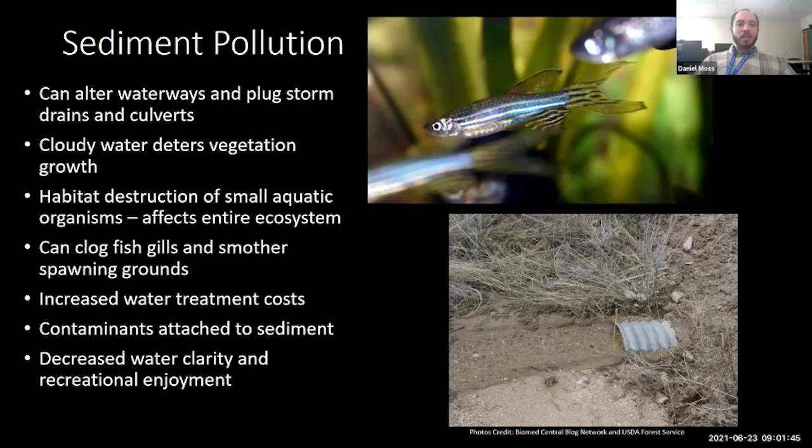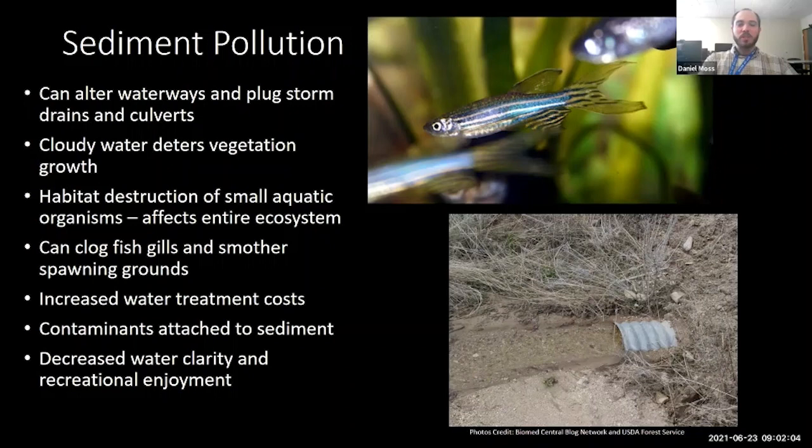And so it not only can be more easily uptaken, but it spreads much further downstream. Whatever type of contaminant it is likes to stick to those clays and silts that create sediment runoff.